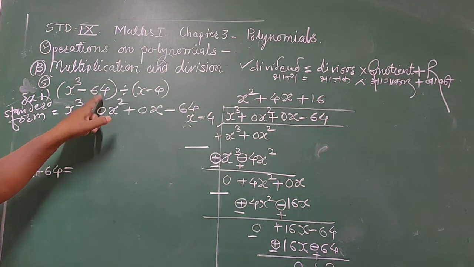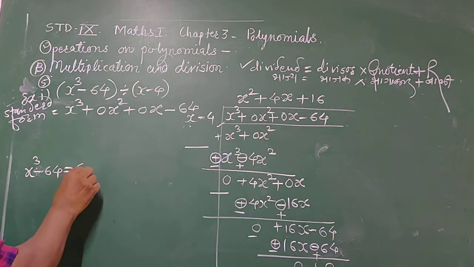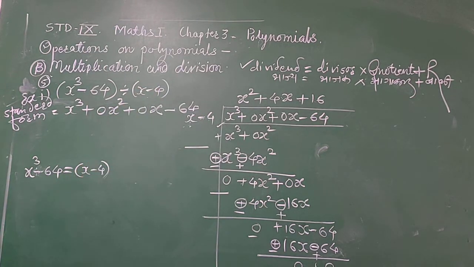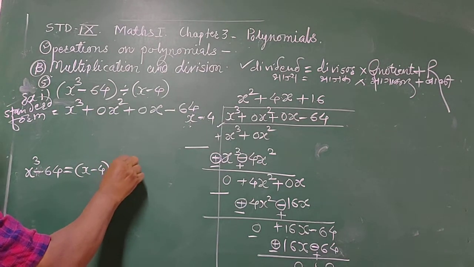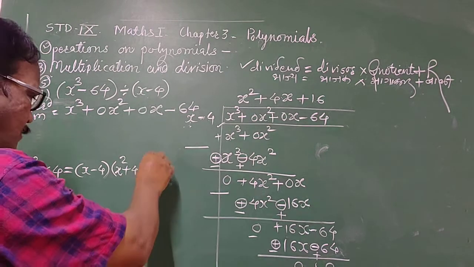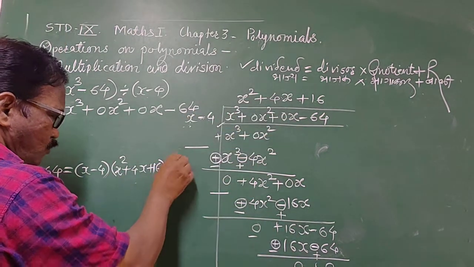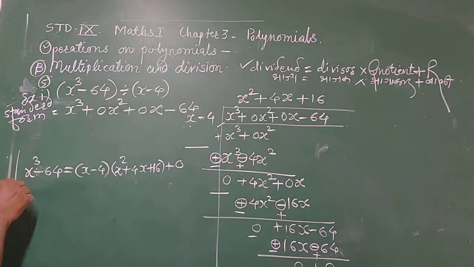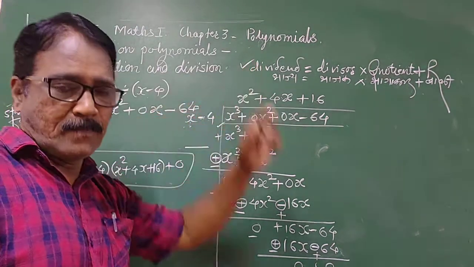The given dividend is equal to divisor, x minus 4, multiplied by quotient, x square plus 4x plus 16, and remainder is 0, like this. So this is the answer in the given form.